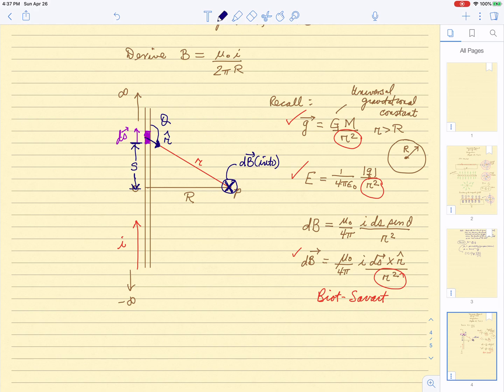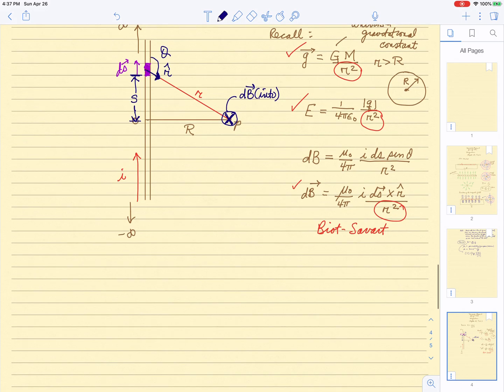So now, keeping this diagram on the page for as long as possible, we know that B is going to be the integral from negative infinity to positive infinity of dB, where dB is a function of r.